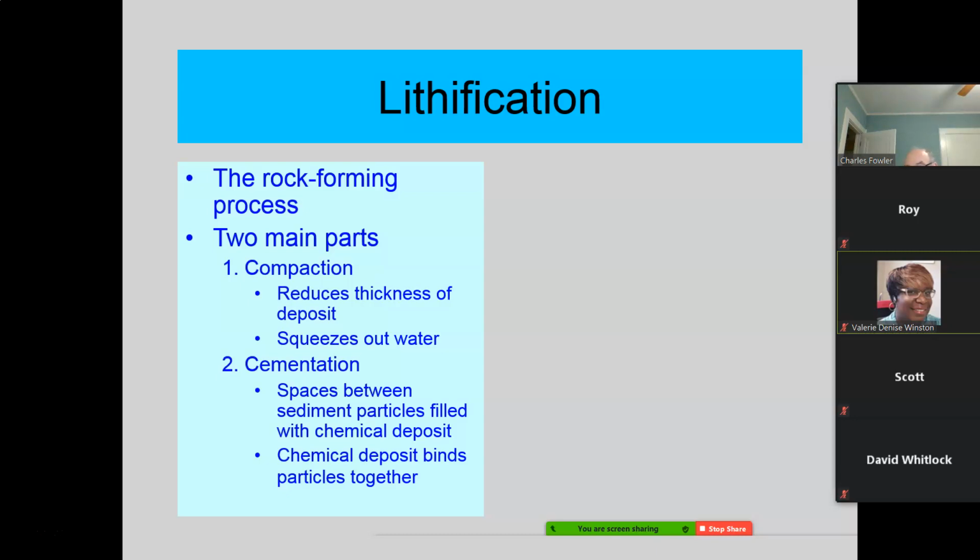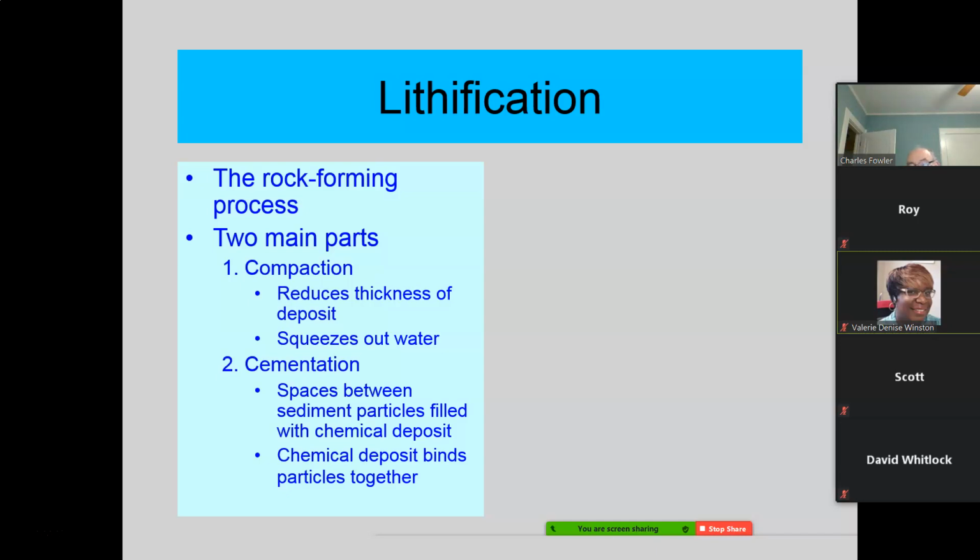You want the minimum amount of water, but it's harder to mix because it doesn't have enough water to really soup up the way you want to, but you just keep mixing and mixing, and then when you get it together, sometimes they vibrate it, sometimes they just pound on it, anything to squeeze out the water and get that cementing agent, that cement, to bind those particles together.